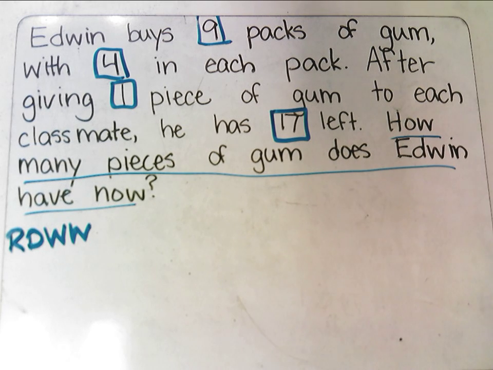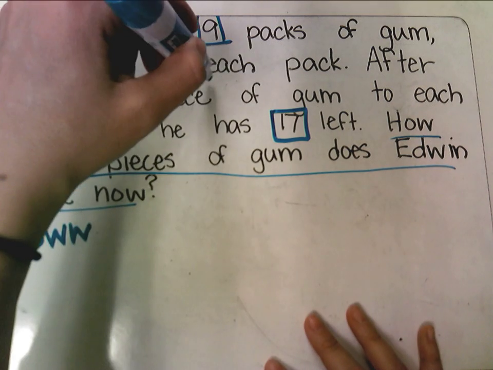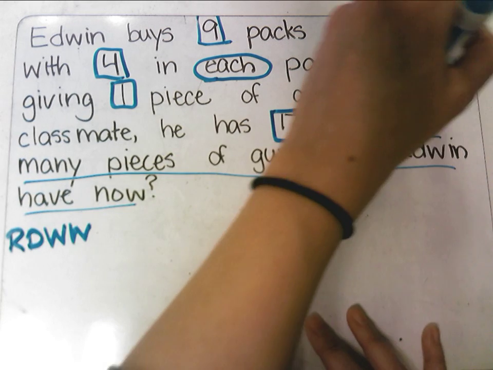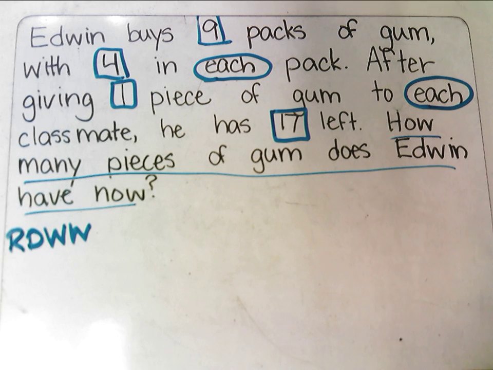Yikes, that's a lot of numbers. Now we're going to circle clue words. Well, I saw each up here. That helps me know we're looking for equal groups. And I saw another one, each over here. So again, equal groups. So we've done the read, so I'm going to put a little check.